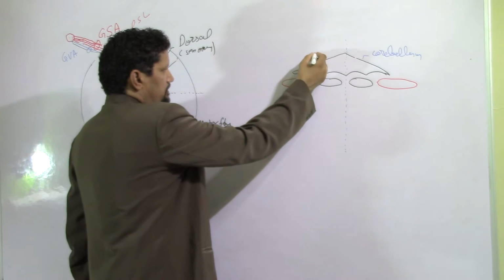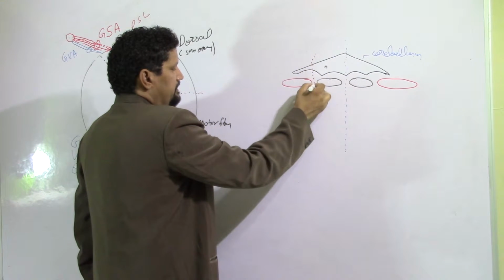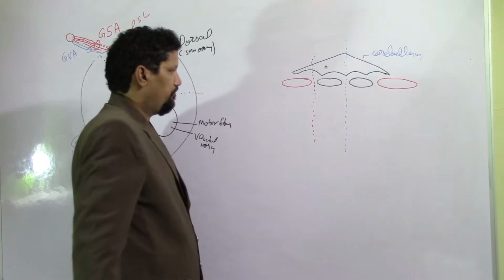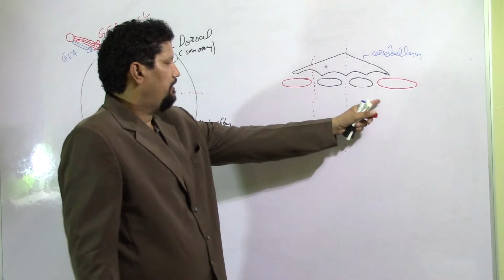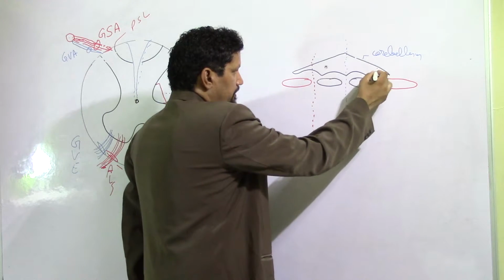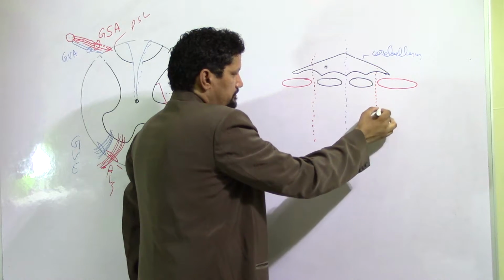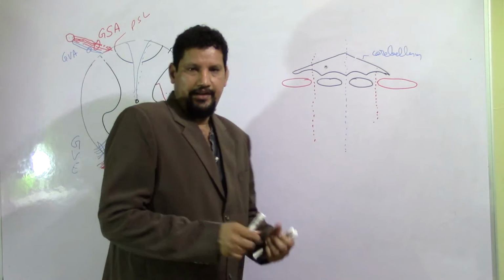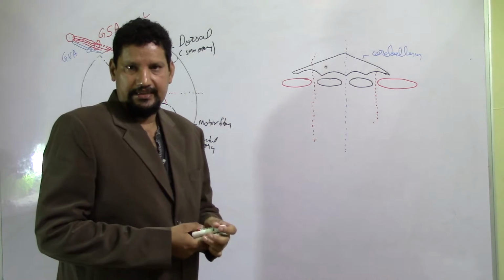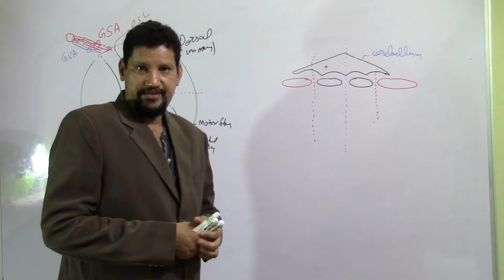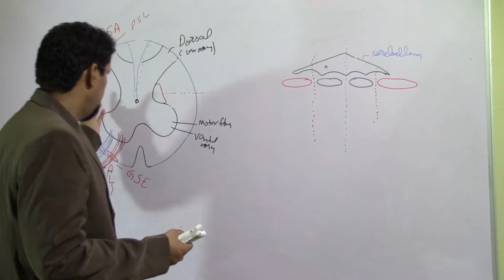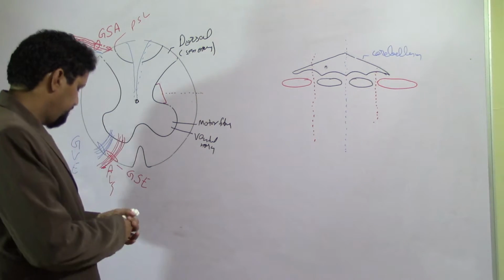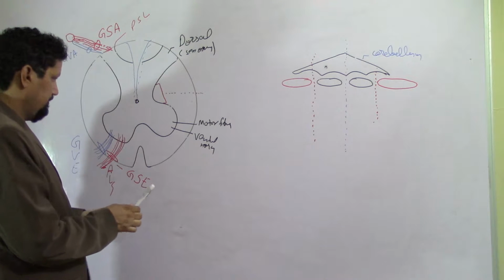Now here is the sulcus limitans, which divides the motor and sensory nuclei of the gray matter of the brainstem. Now, it is very simple to memorize the nuclei of the brainstem using this diagram. So, it is very simple.